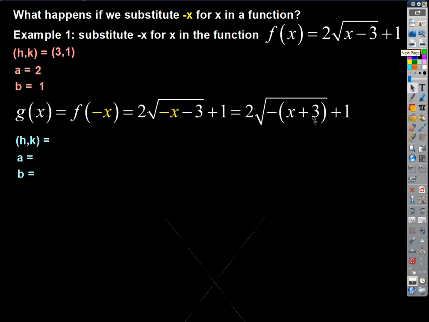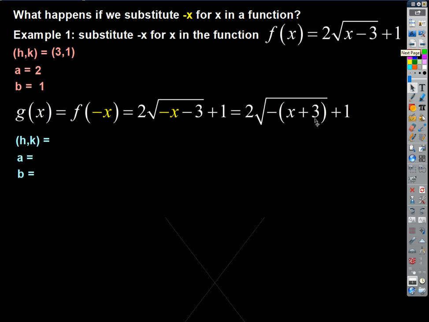What's the number being subtracted from x there? -3, right? Because we have x plus 3, I would be subtracting a negative to make it a positive. When we did horizontal translations, you would have told me that that goes to the left by 3, wouldn't you?